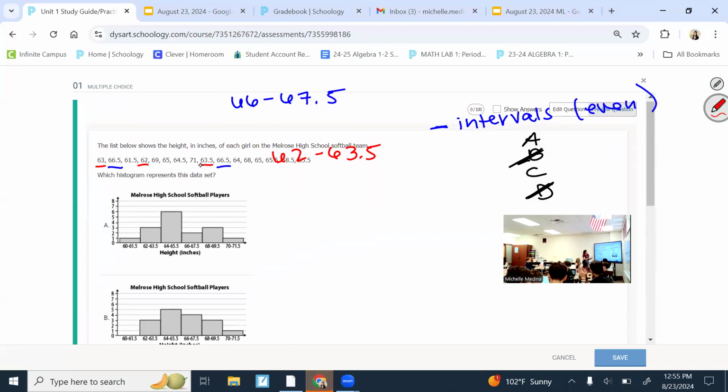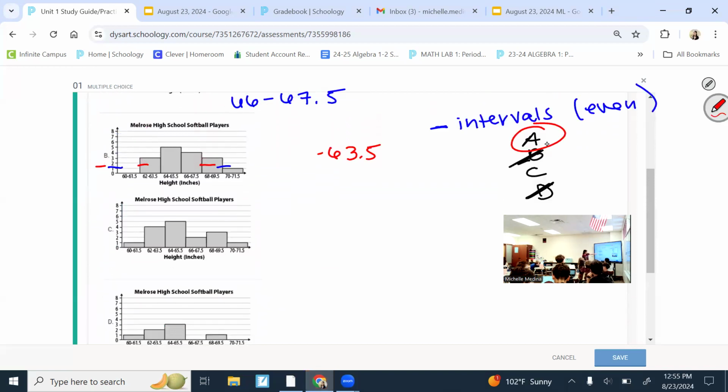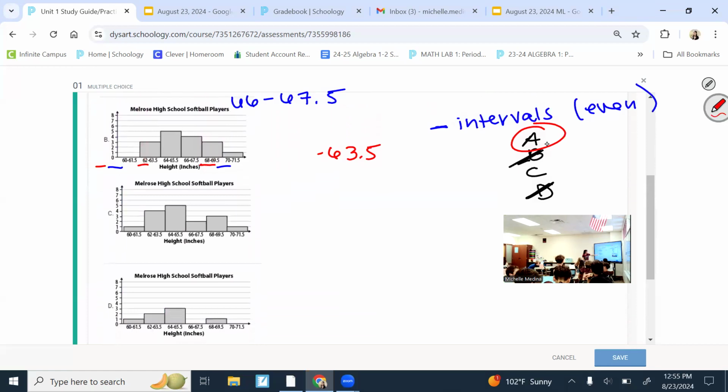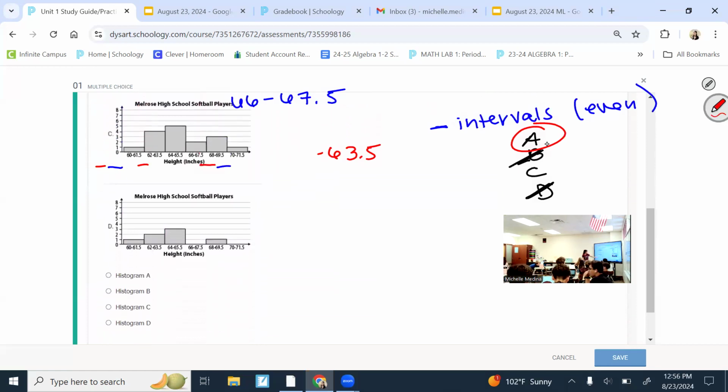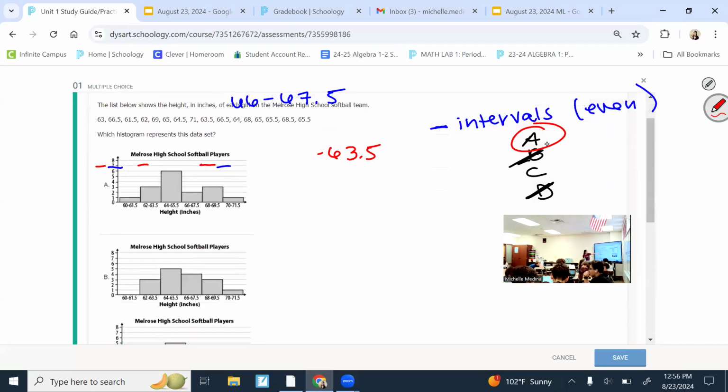It would count for this one because it has a gap in the intervals, so we would include that one. So I counted just 3, which means my answer is definitely A, because the other one had only 2, or the other one had it at 4. So I counted 3, so I would go with A, and according to the key, that is right.